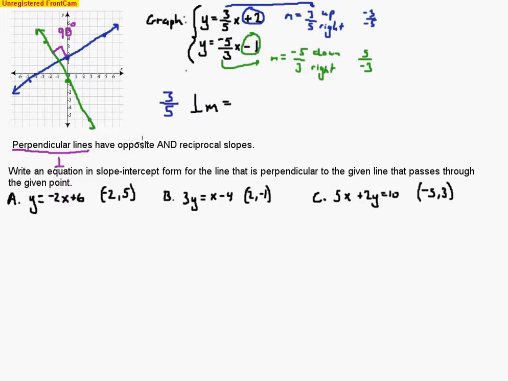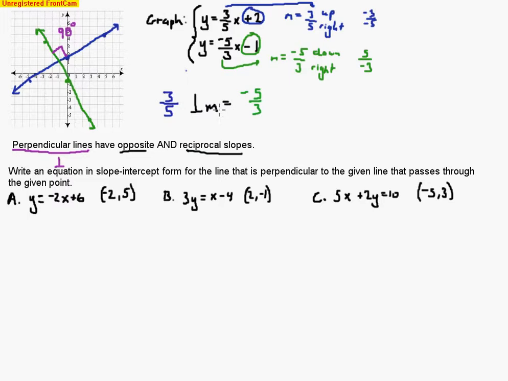That's what I have written down here, the opposite and reciprocal slopes. If you look at that, the opposite was negative, because this was a positive 3/5. The reciprocal is 5/3.